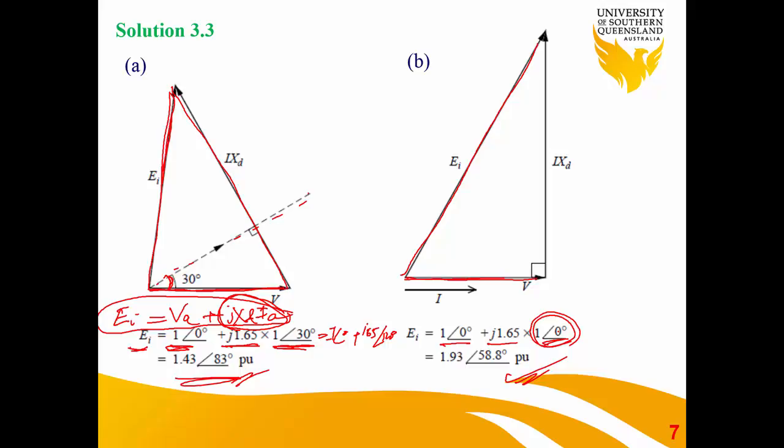Then you can draw the phasor: voltage, current, and XD, and you can see the relationship. Voltage and current with XD is always 90 degrees, right? You see here, and then you get the resultant EI for this one. Is it difficult?